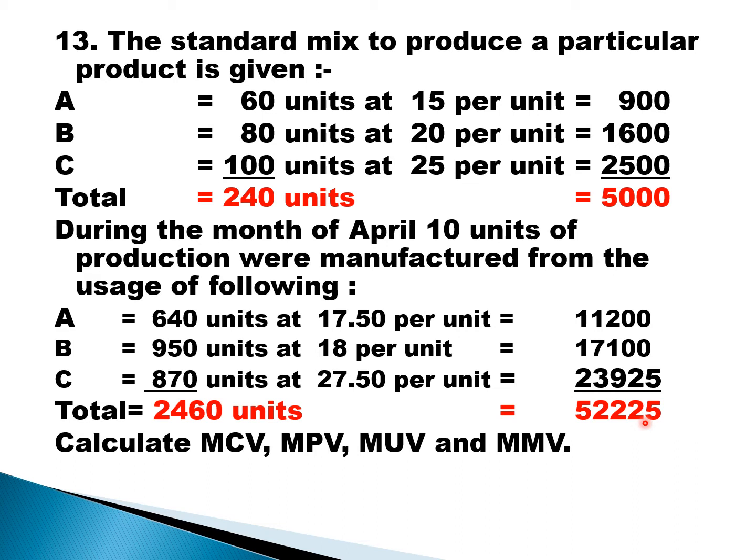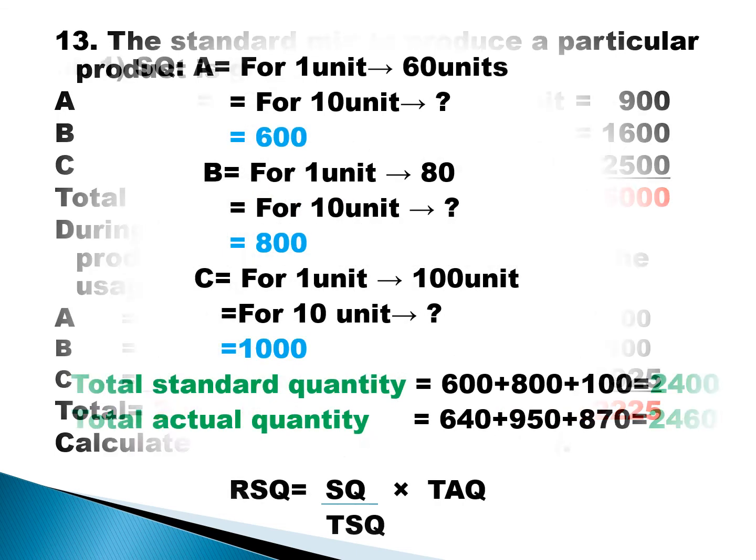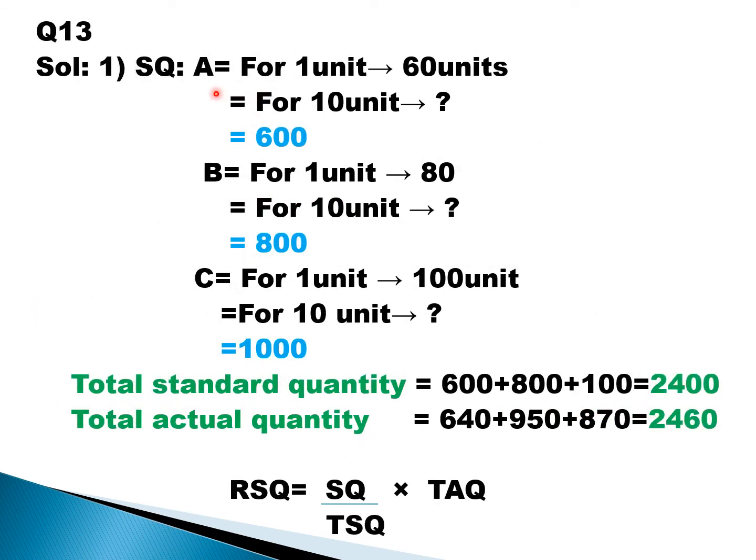So only one item is missing, students, called SQ, standard quantity. So you need to find SQ first. Calculate cost variance, price variance, usage variance and mix variance. SQ, students, you need to find standard quantity for A, B, C.